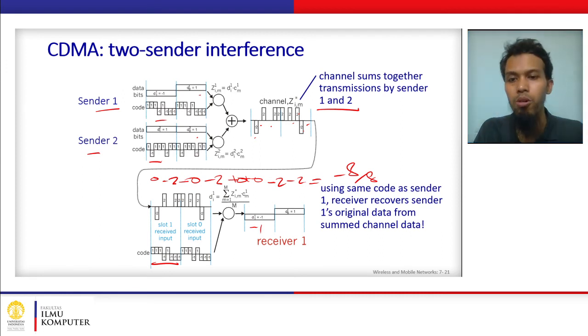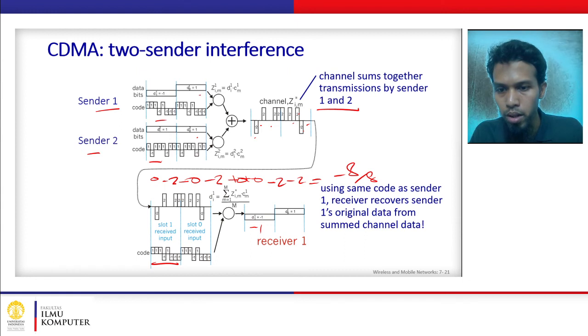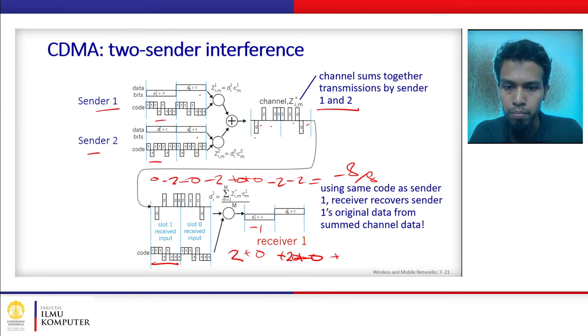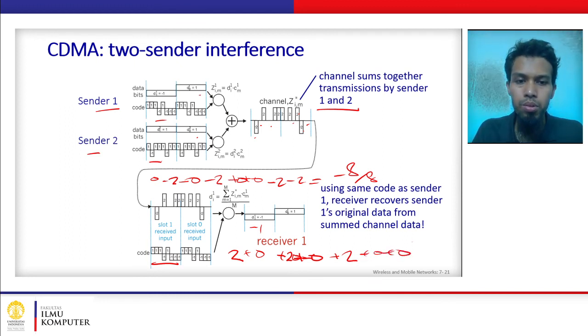Now for slot 0, 2 times 1 is 2, plus 0, plus 2, plus 0, and then minus 2 times minus 1 becomes plus 2, and then plus 0 plus 0. So we end up with 8 divided by 8, which gives 1.